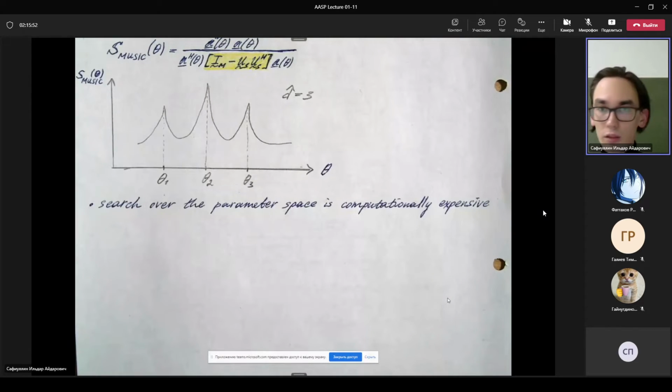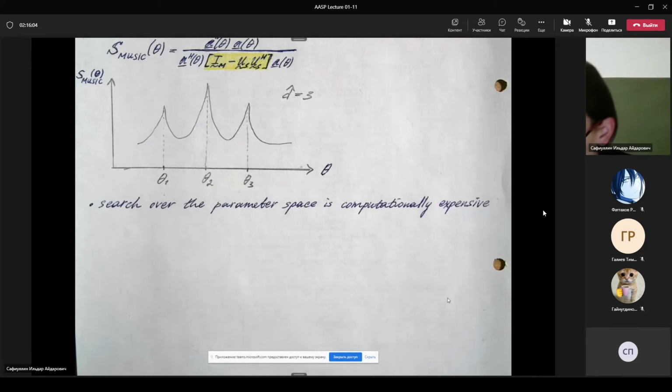And of course, this one is only for azimuth direction of arrival estimation, but also we can assume 2 or multi-dimensional extensions.